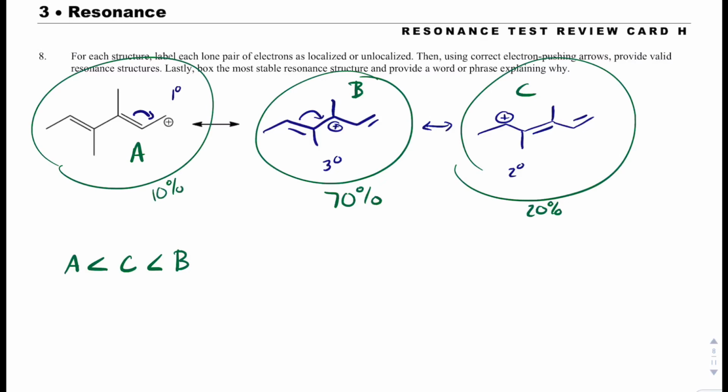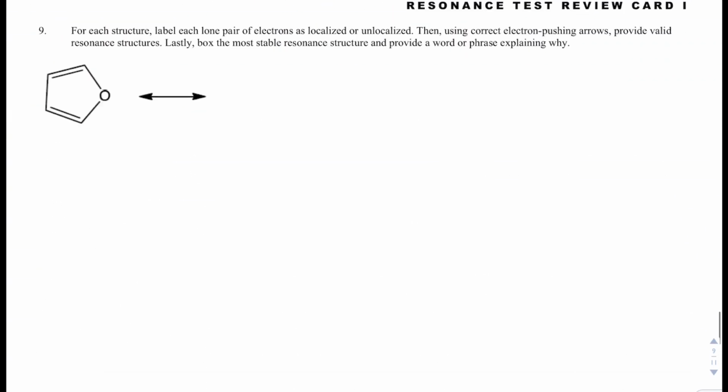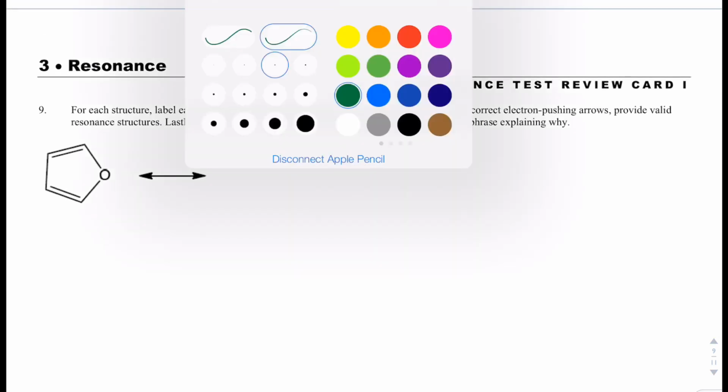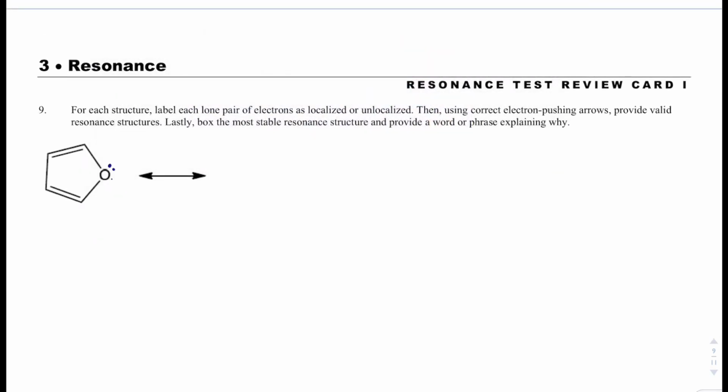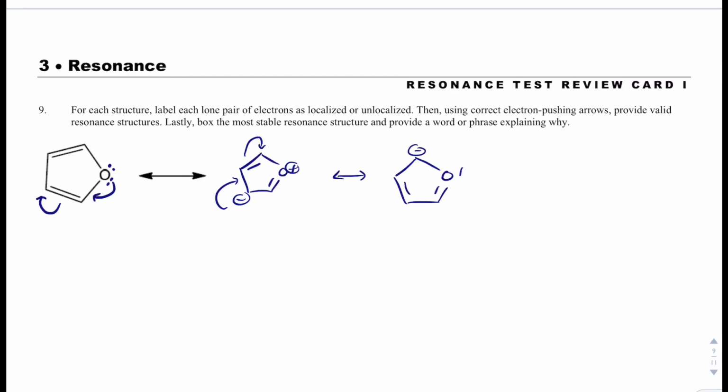Okay, and number 8, this is probably the second or third time that we've seen this one, but it's a good one. Again, we expect 5 resonance structures. It's not perfect. You know, if I didn't get 5, I'm not going to freak out, but I'm going to anticipate 5, and I can already tell you the first resonance structure is going to be the most stable, because that is the one that is neutral.